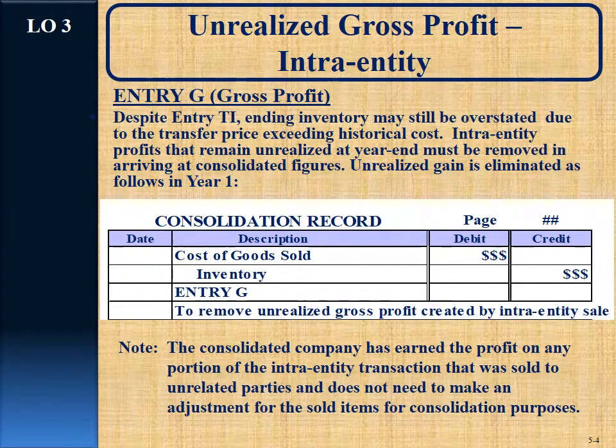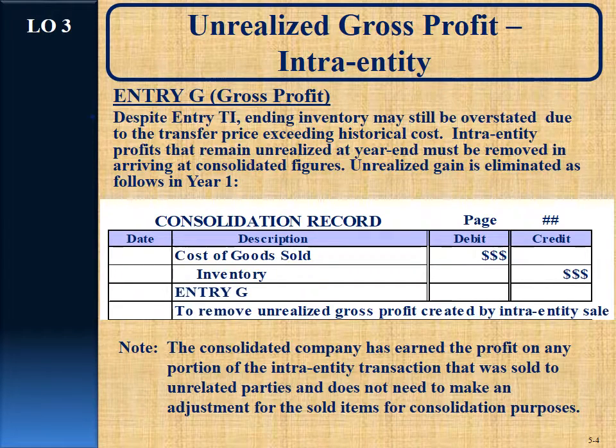In this case, the parent is selling to the subsidiary and actually recording a gross profit. No, not a gross profit if the subsidiary, in this case Zirkin, has not sold it to an outside party, and that's what we're saying here. All inventory remains at year end.